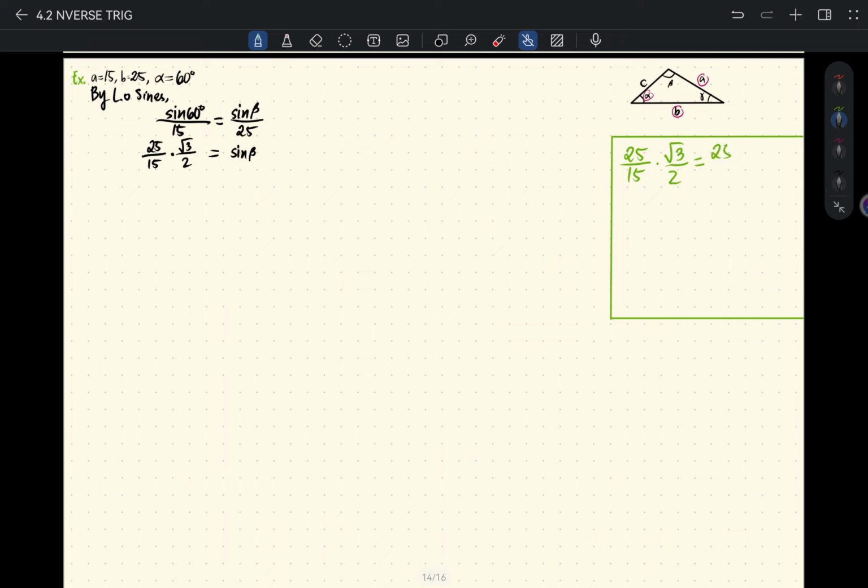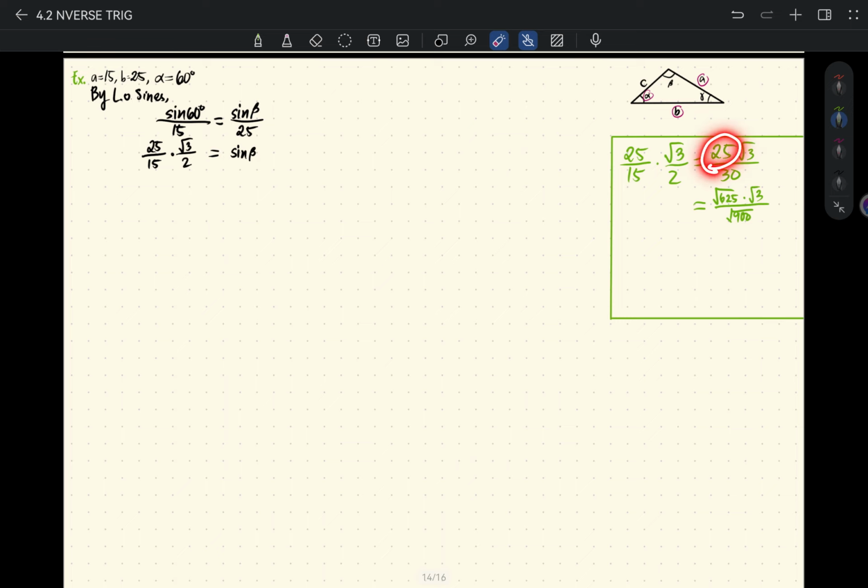This is just 25 square root of 3 over 30. But 25 can be written as square root of 625, and 30 can be written as the square root of 900. So how did I obtain this one?